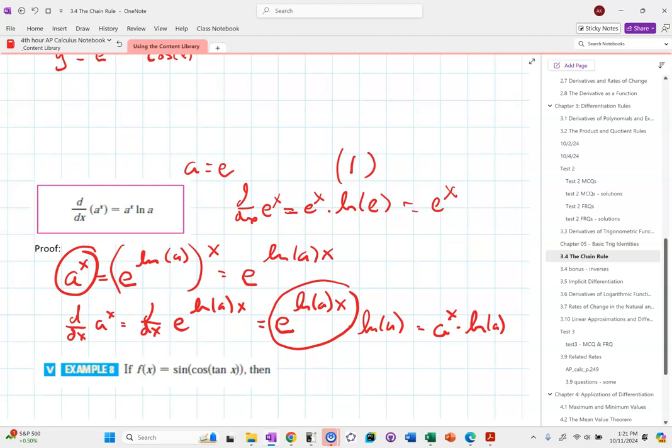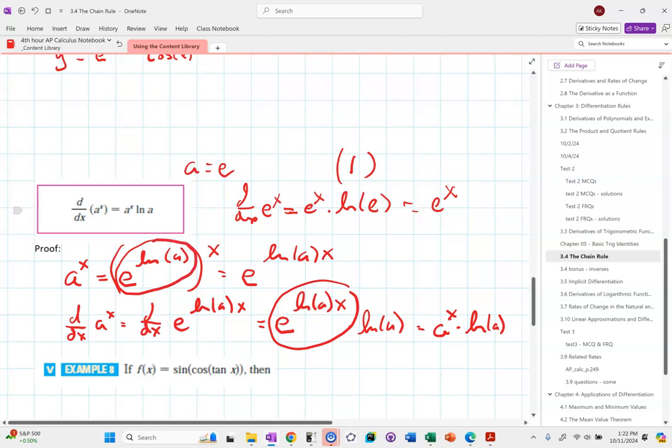Yeah, Michael? How is a to the x the same as e to the log? Okay. Say it again there for me. Oh, okay. So e to the natural log of a is just a, right? Exponent base e cancels out log base e. So you're just left with the exponent a, right?